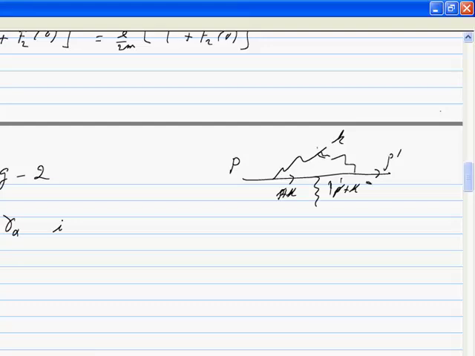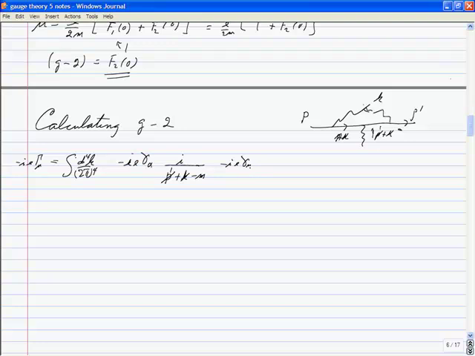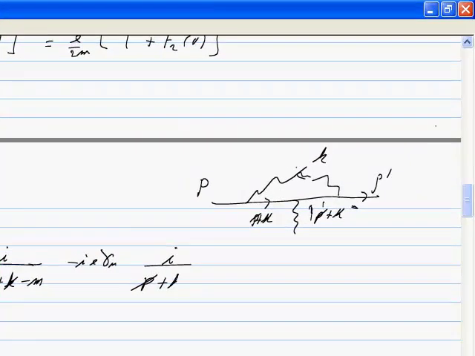I then hit the propagator i/(p̸' + k̸ - m). I come along, I hit minus ie γ^μ. Next propagator is i/(p̸ + k̸ - m). And at the end I hit minus ie γ^α again.